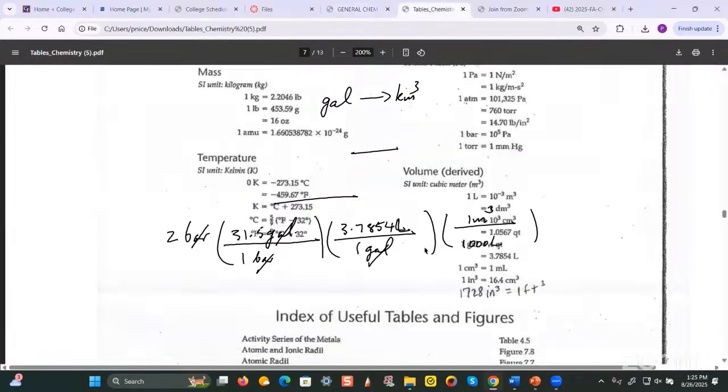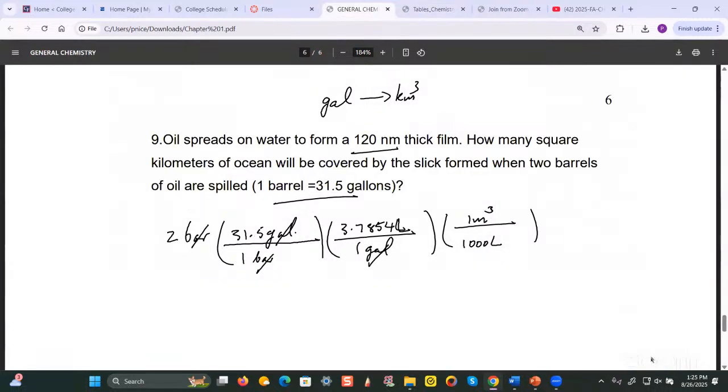Is that shown here? Problem 8. Okay, I think you're right. So far, so good. Basically, the liter units will cancel out.